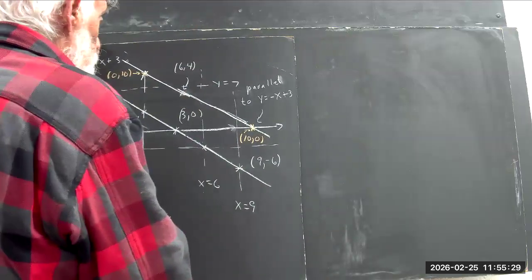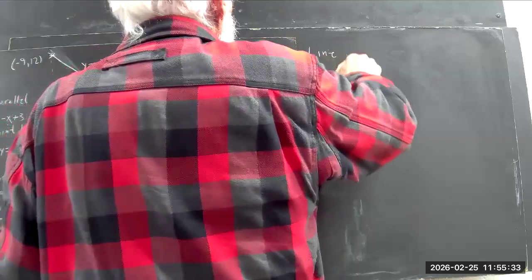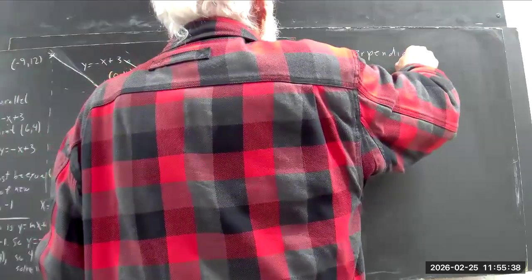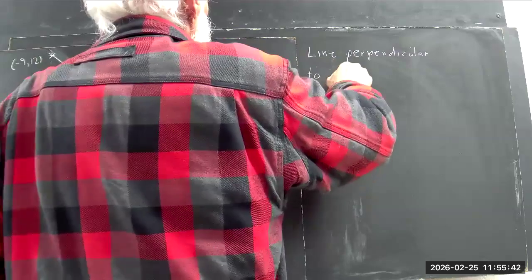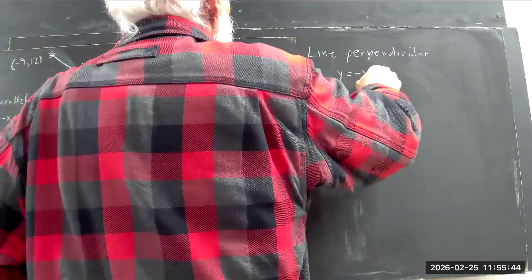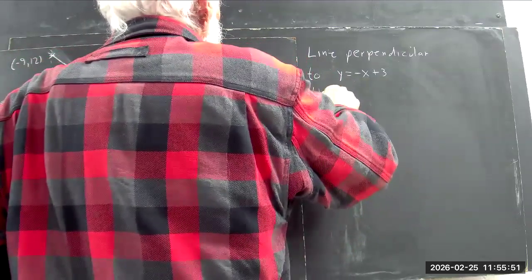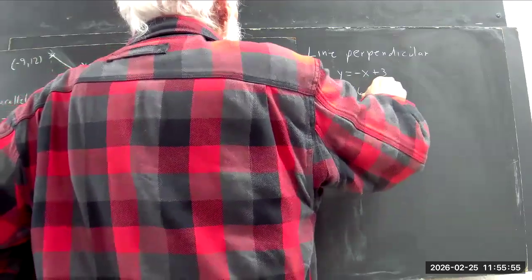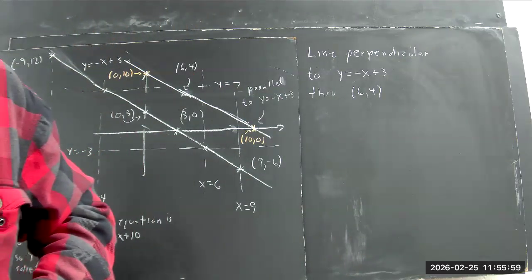So let's try this. Let's let that line go through the point 6, 4, just like the previous one.